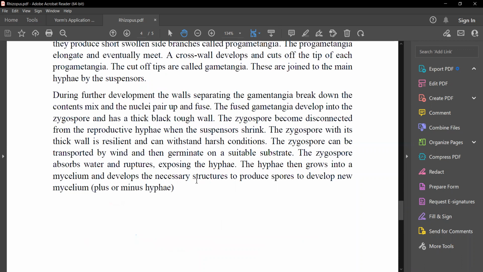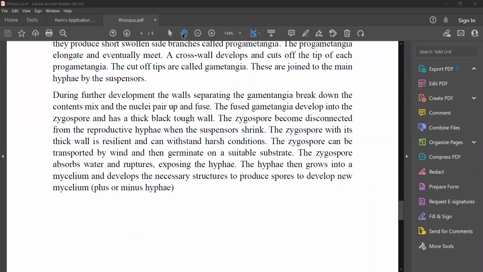So now you have the gametangia being formed, supported by suspensors, right? Now you have the cellular material of these two mixing up, right? You have the contents mixing up, nuclear pairs will pair up and fuse and all that. Now, there's some form of, let's say, cross-fertilization or fertilization, kind of.